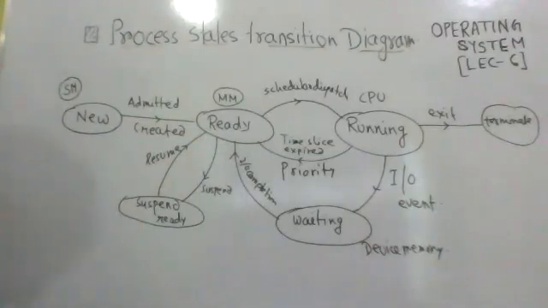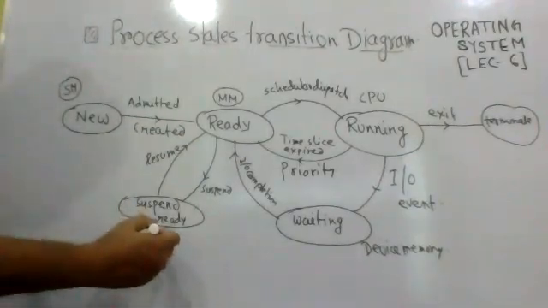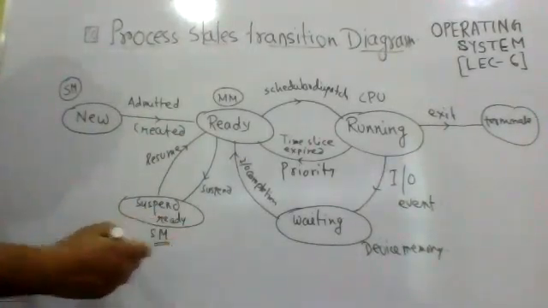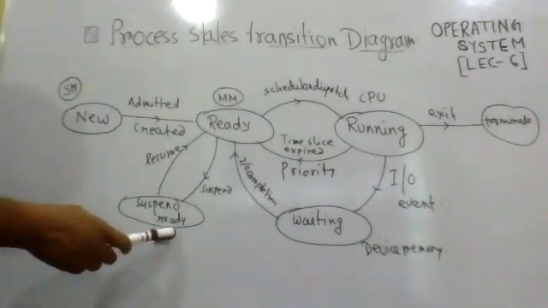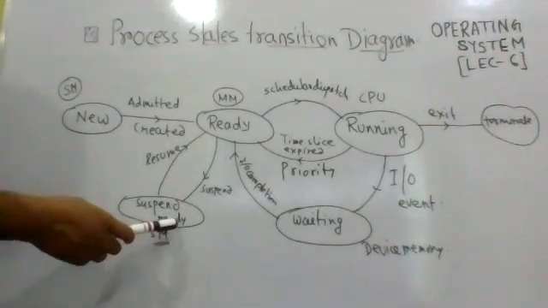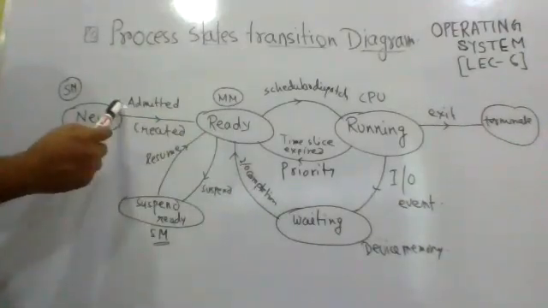So at that moment, we have to choose a process and load it into this suspend ready state. This is basically secondary memory. So we load it into secondary memory to make free room for the newly scheduled process.